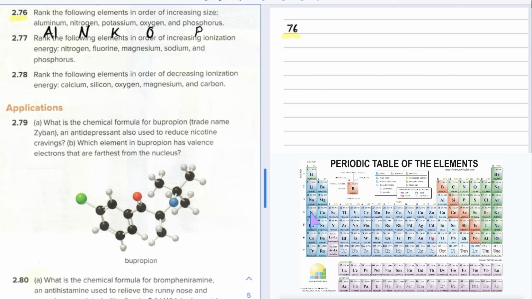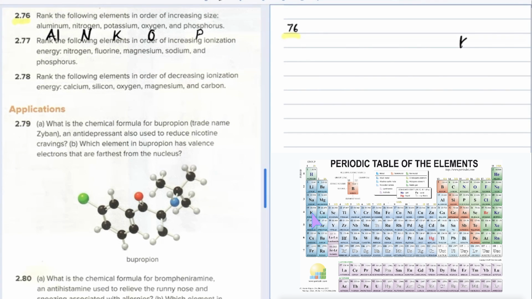And we just saw that potassium K is closest to the big corner, so that's going to be the last one. Okay, which one is the smallest one? So we have potassium, aluminum, nitrogen, phosphorus, oxygen. So it looks like oxygen is closest to the small corner. That's going to be the smallest. We'll write that one first.